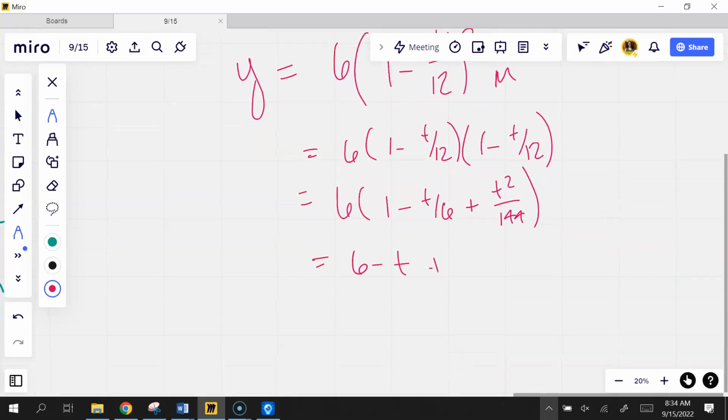Is this what you all got for y? You sure? Everybody get that for y? Didn't know how to do which part, the foiling of it or the derivative of it, or you just looked at it and said, I don't think I'll be able to do that?